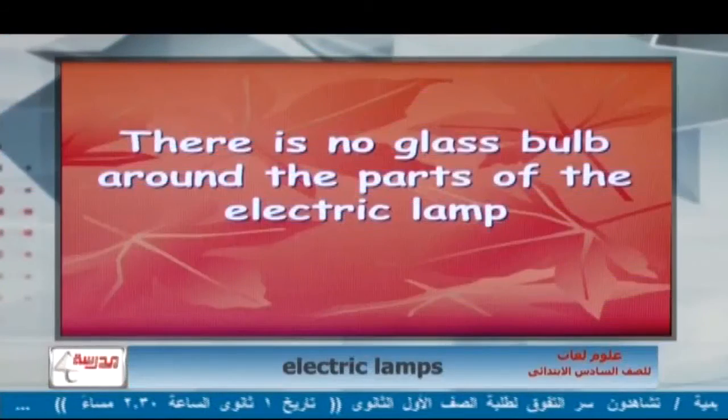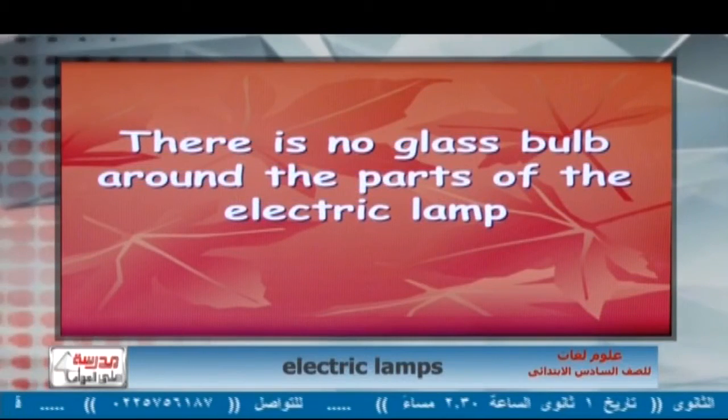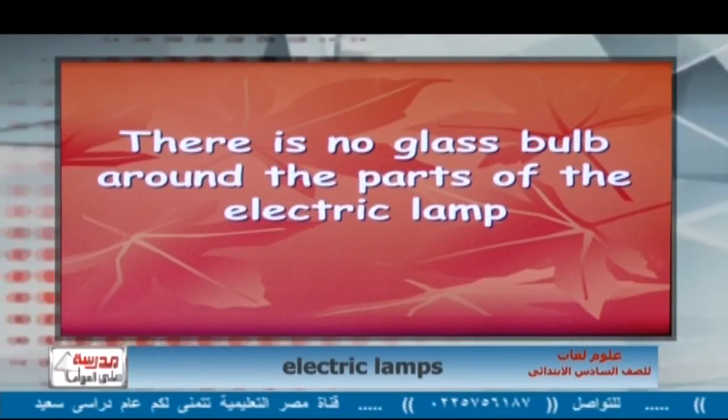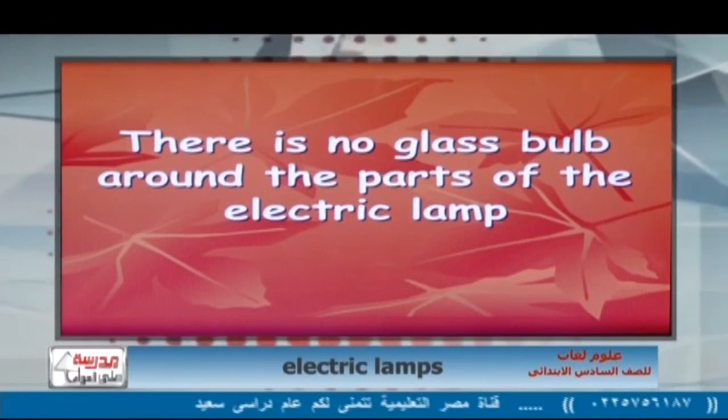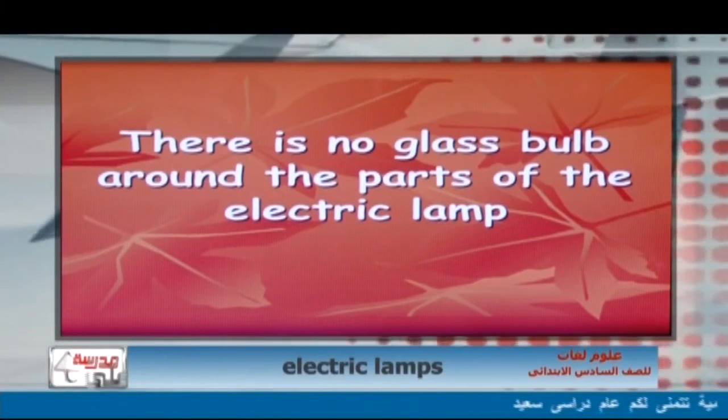For example, let's practice with an example of what happen if. The question says what happen if there is no glass bulb around the parts of the electric lamp. For example, someone made the base and the two copper lead wires and the filament without glass bulb.